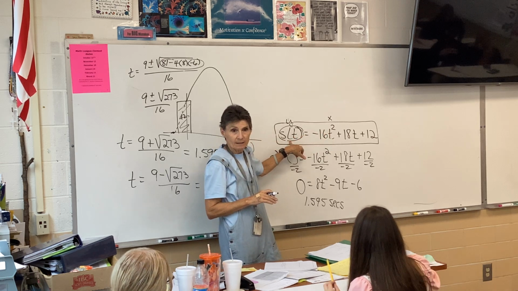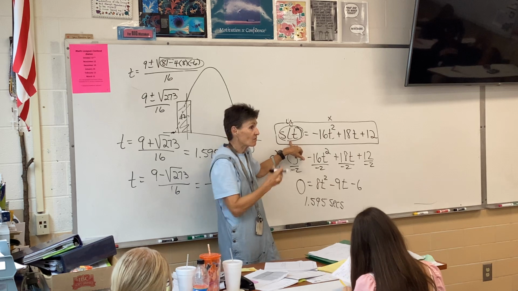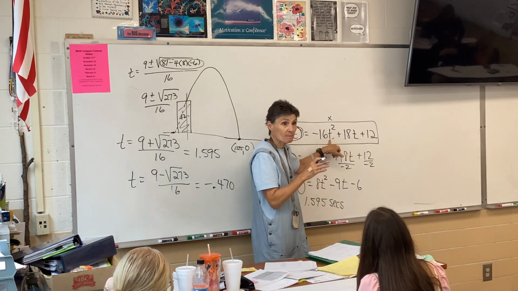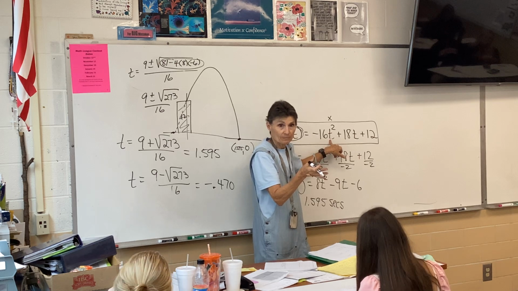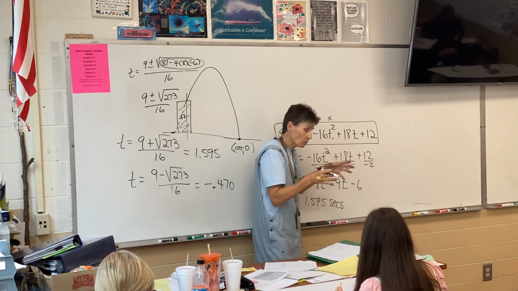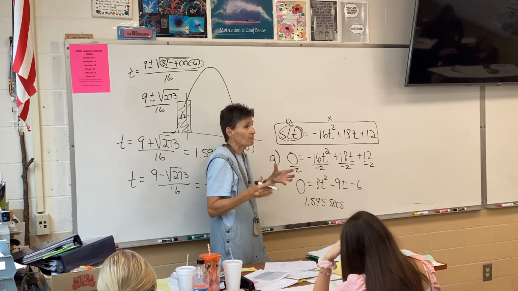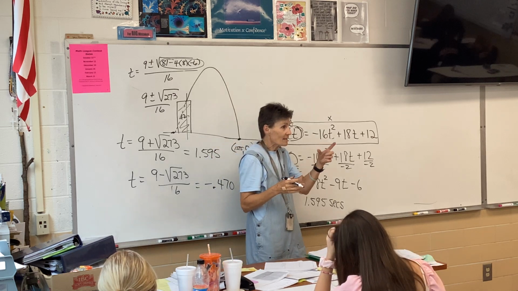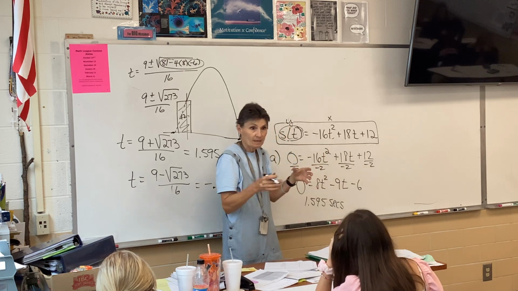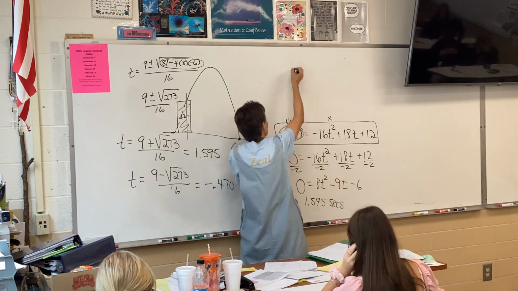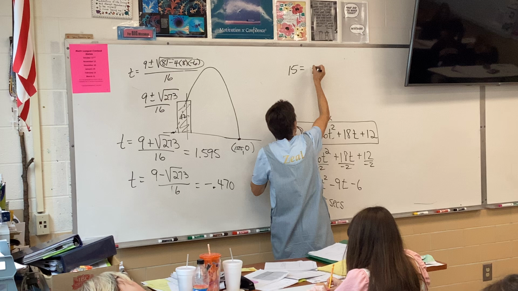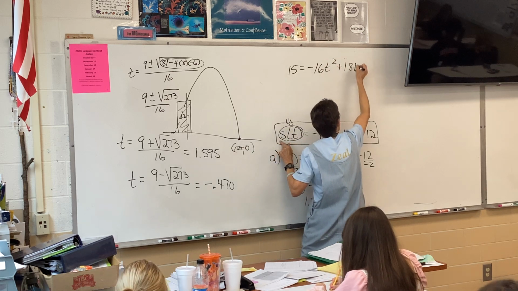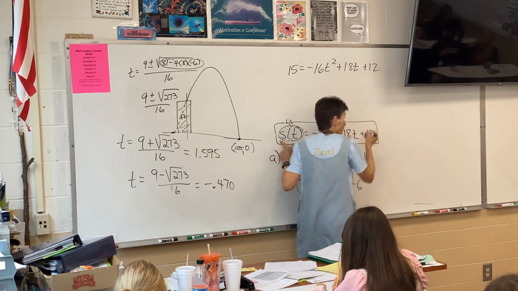Y is height, so Y is feet. T is time, seconds. So read the question: when will the ball be 15 feet above the ground? What did they give me? They gave me Y, 15 feet. So 15 equals negative 16t squared plus 18t plus 12.